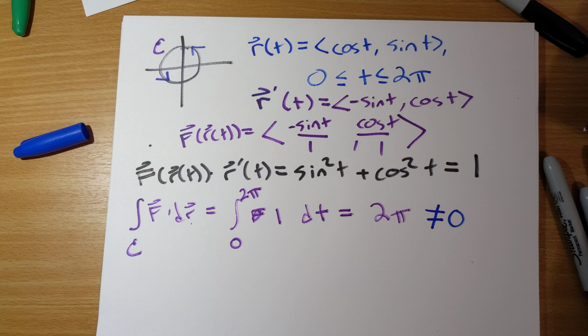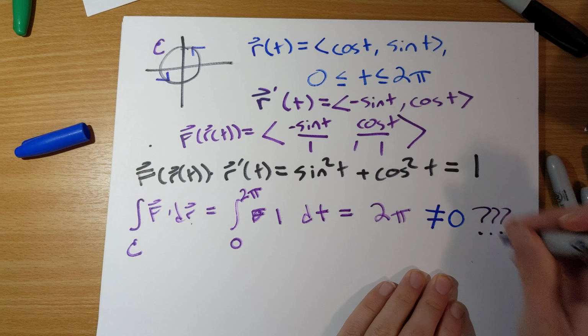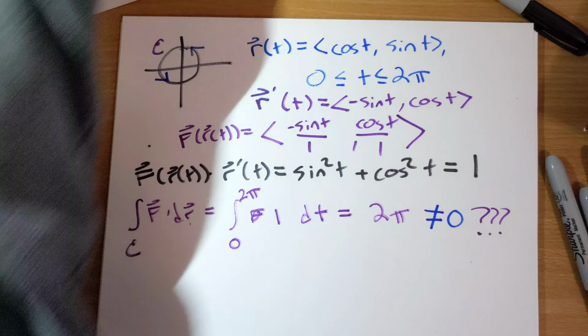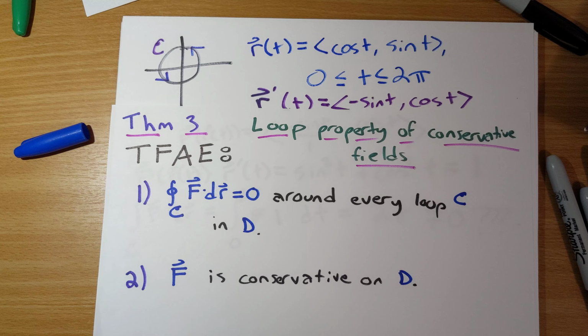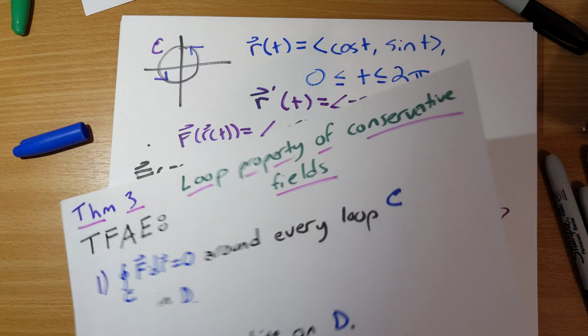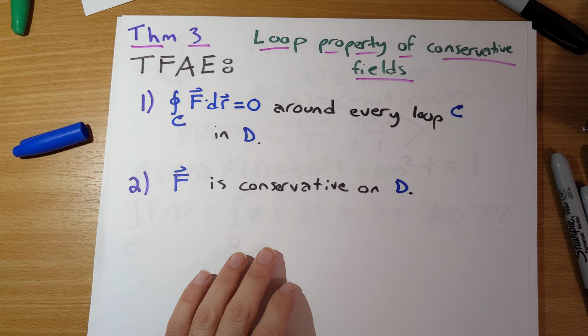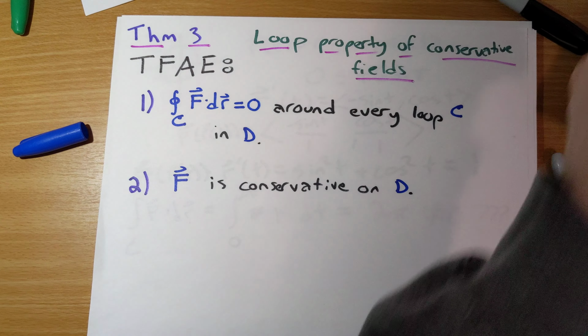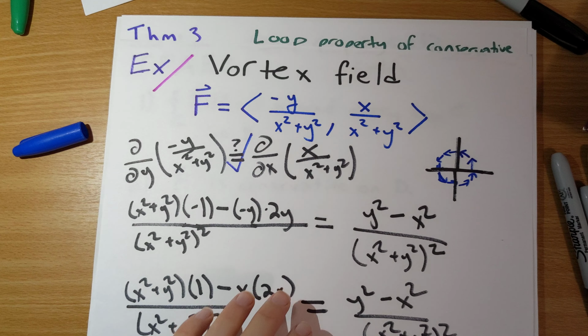And so really we should be asking, what the heck is going on here? This seems to be indicating that we should be getting 0, and we're just getting 2 pi. Is something wrong here? And so the answer is there's one little fact that I was glossing over in all of this stuff.